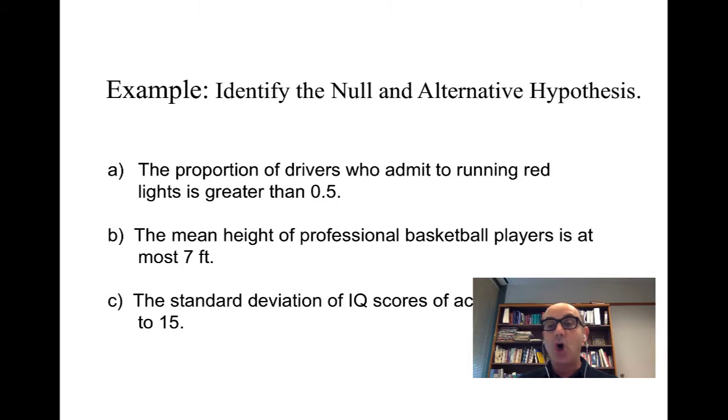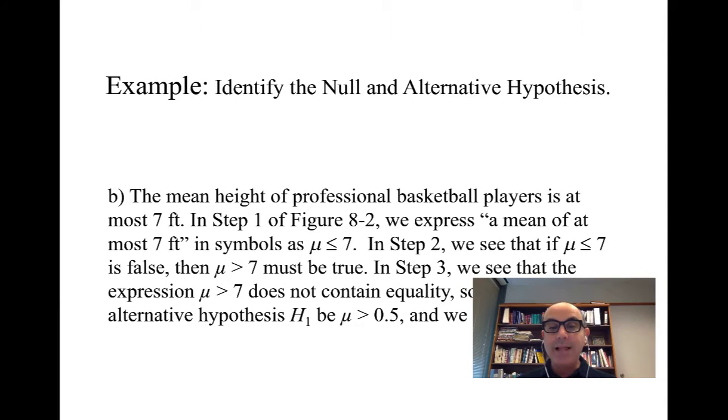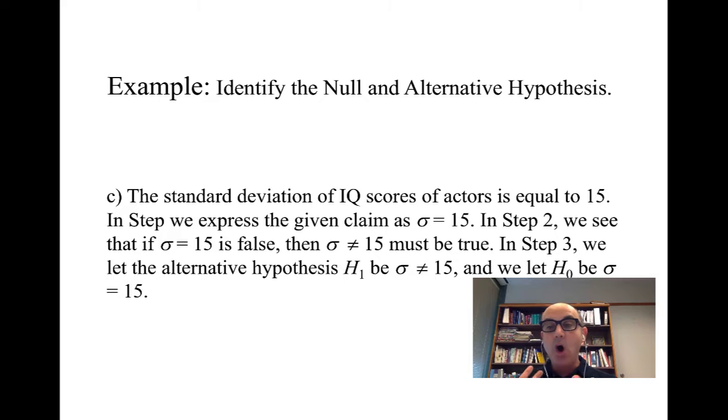The third one, with an equal sign, is also a null hypothesis, and the alternative in this case is that the standard deviation of IQ score is not equal to 15. Again, I lay out for you how to identify that, so you have all the claims and all the steps in order to identify them.